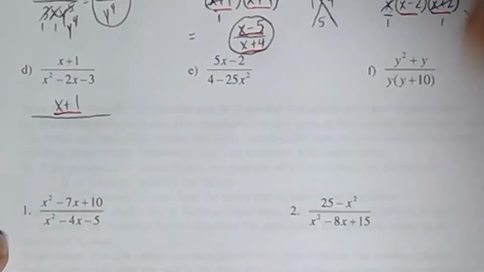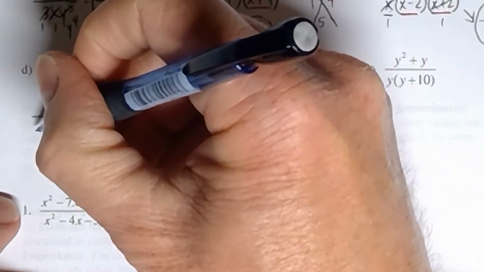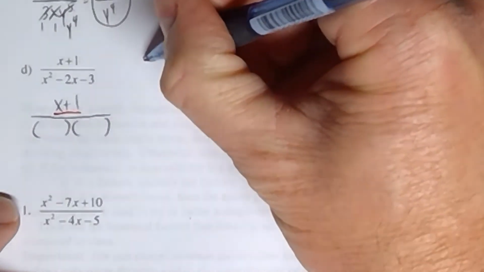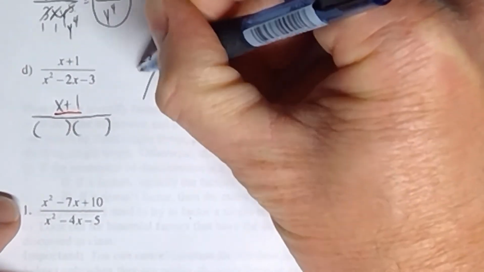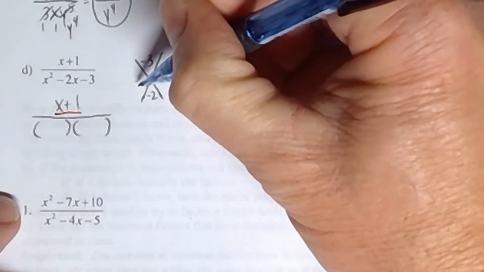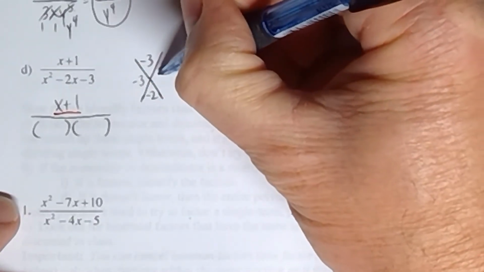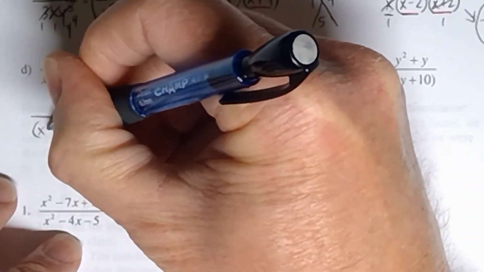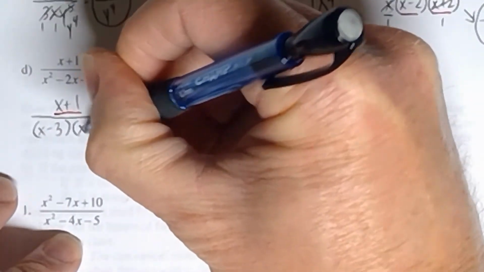The bottom, though, looks like the Berry method. And in fact, it ends up being, aren't these two numbers here going to be -3 and +1? Okay, and so that's why we're going to say x minus 3 and x plus 1.